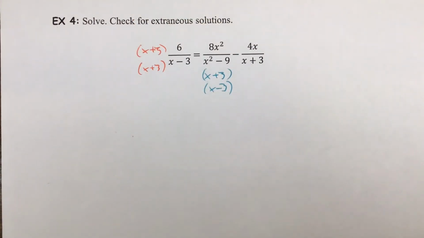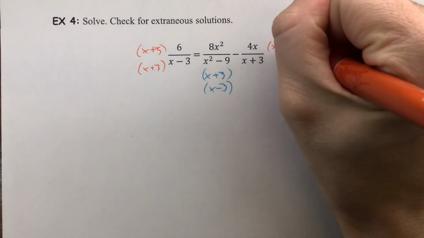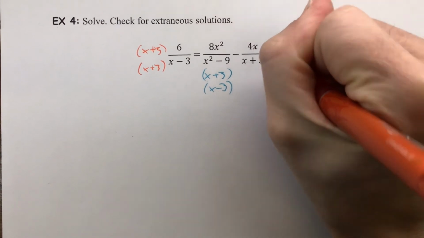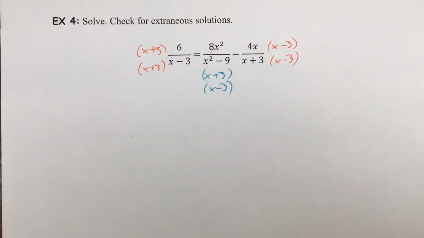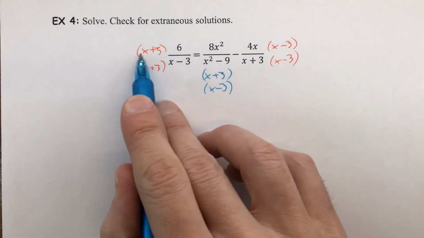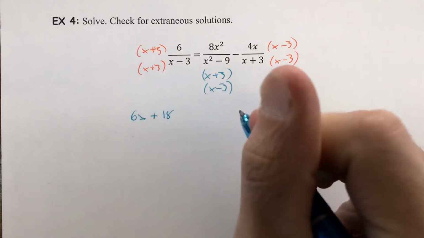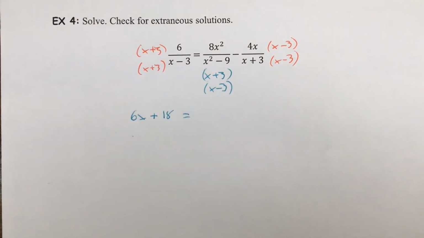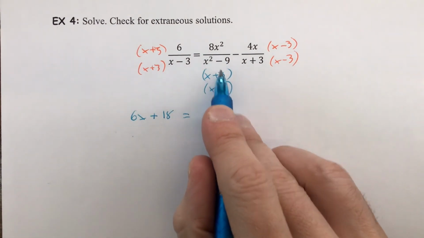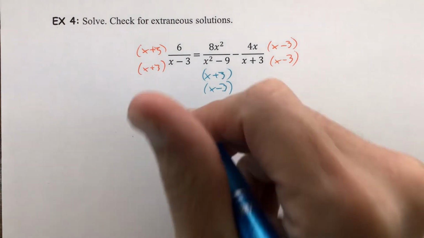The last fraction is going to need an x minus 3. Let's go ahead and write all this up without denominators. The top here is going to be 6x plus 18. That'll be equal to, nothing changes here because that denominator was complete.